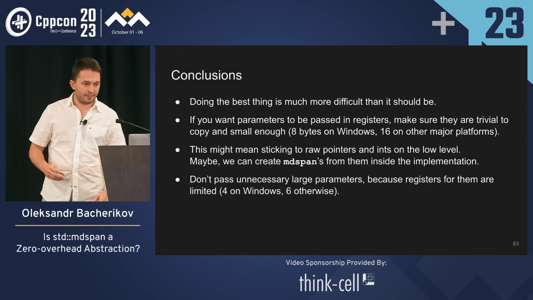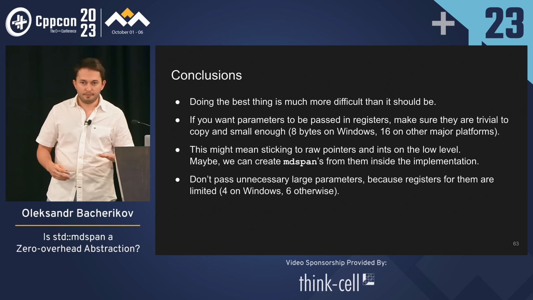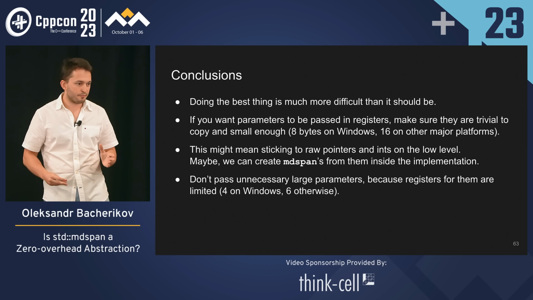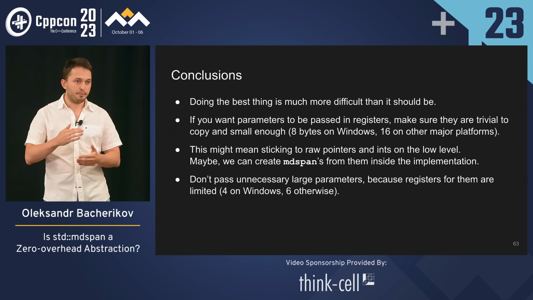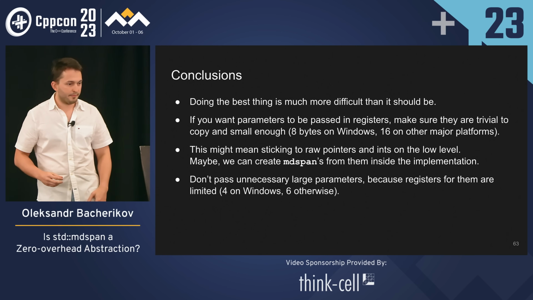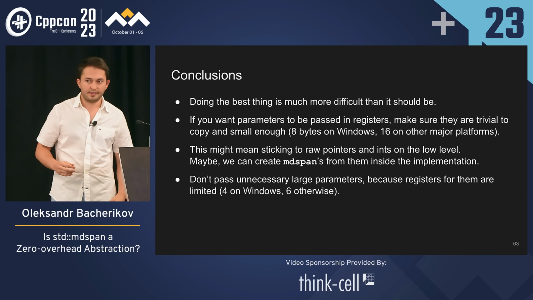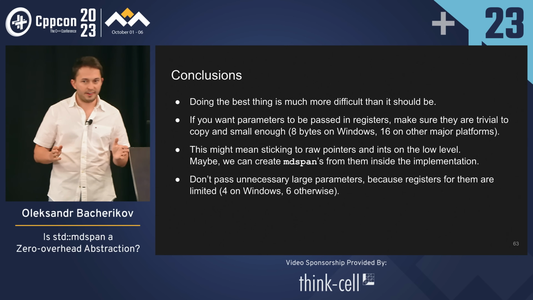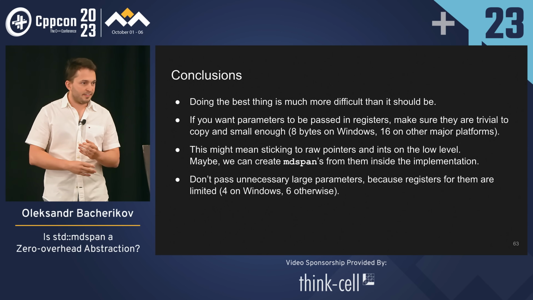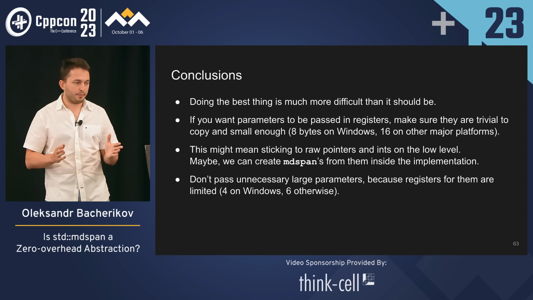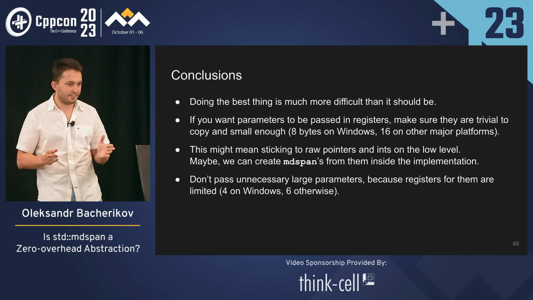So this means that at the low level, we might have to stick with actual raw pointers and ints. Maybe in the implementation, we could create an mdspan from it to simplify the code, but that would likely add some overhead. Also, we shouldn't pass unnecessary parameters to the functions where performance is critical if we use those parameters just for assertions inside the function.